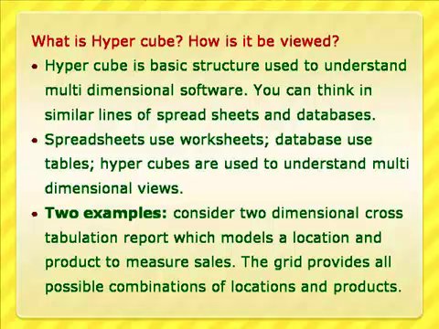So both spreadsheets as well as database tables are metaphors for representing the data in Excel sheets as well as the data in databases. In a similar way, a hypercube is a generic metaphor for representing multidimensional data.